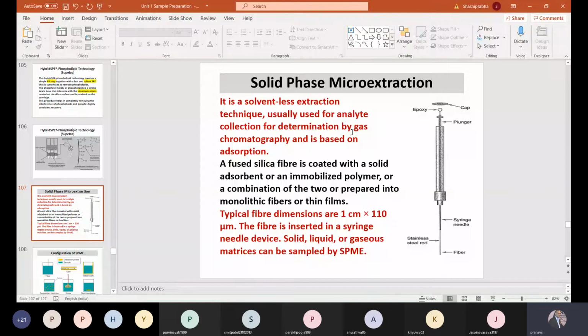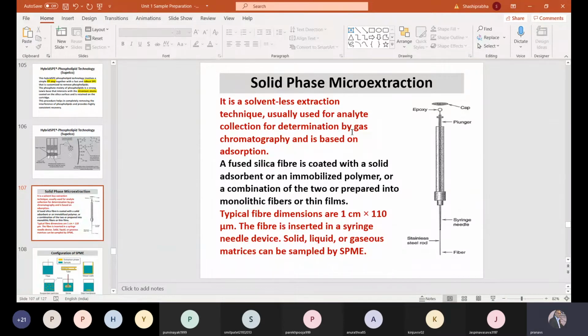And looking at that, this is known as a solventless extraction technique. That means solvent is used very minimally, 10, 20, 30 times less than what one uses in the conventional solid phase extraction. This is the merit of solid phase micro extraction.